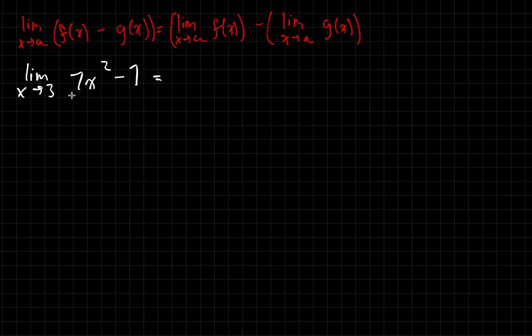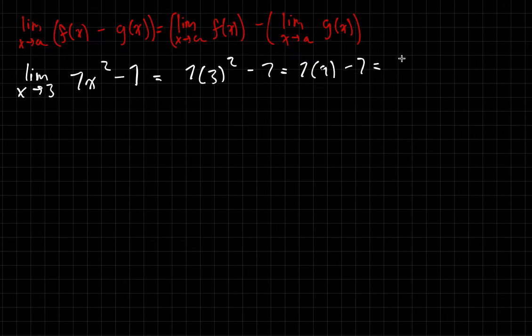Well, I would just assume this is my overall function, and I plug in 3 into the function. So I get 7 times 3 squared minus 7, which is 7 times 9 minus 7, which is 63 minus 7, which is 56.